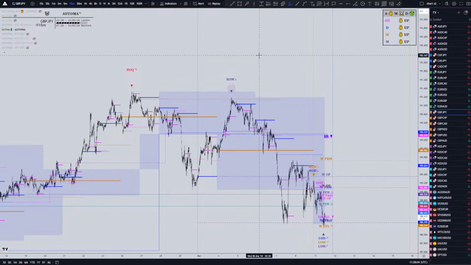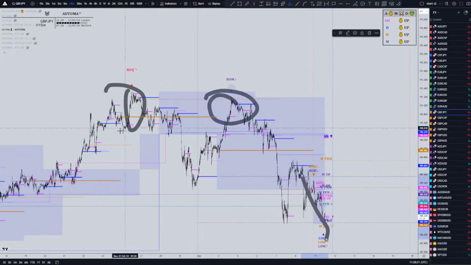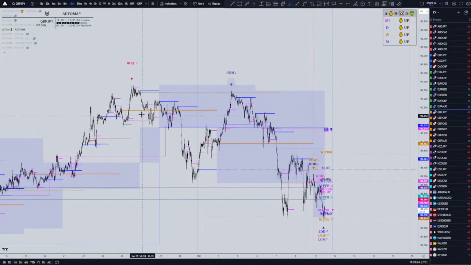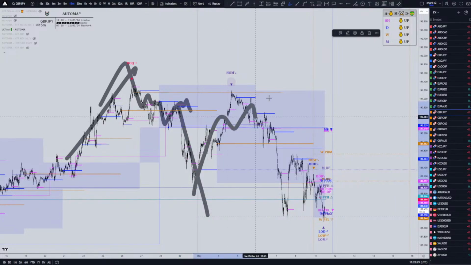So you want to recognize the signatures when the trend is changing. So from the manipulation stage to the accumulation stage to the trend stage, right? So that's basically your goal: trend stage, manipulation stage, accumulation stage, trend stage, reaccumulation, trend stage, reaccumulation, trend stage.